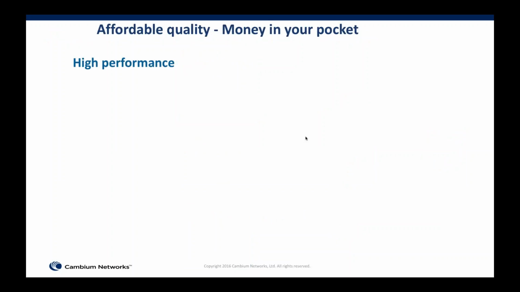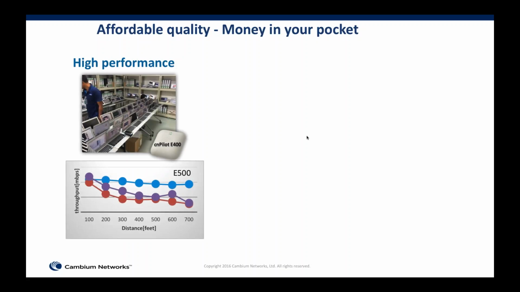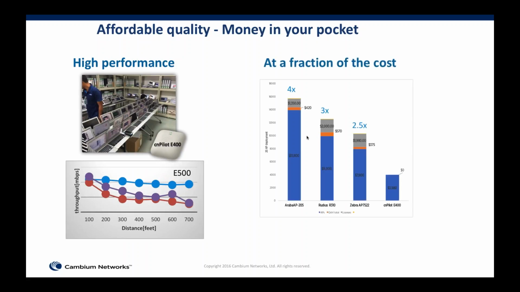So with all of these things, we talked about how our architecture is adaptive, how it makes operations easy. And what we really want to do is, while we deliver these features, we want to continue to emphasize our high performance access point capabilities both on our indoor and on our outdoor, always keeping affordability and quality in mind.